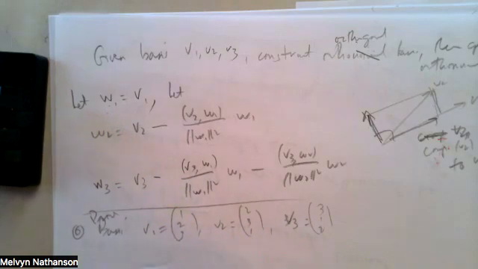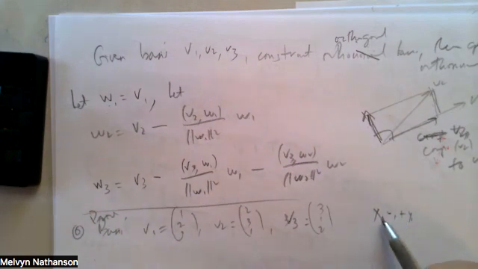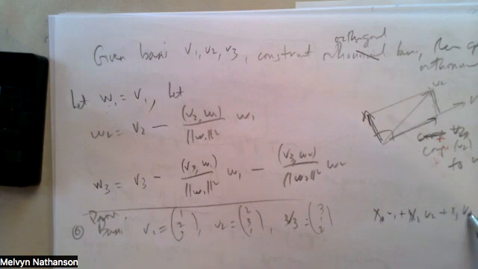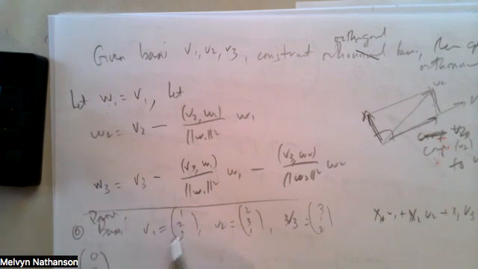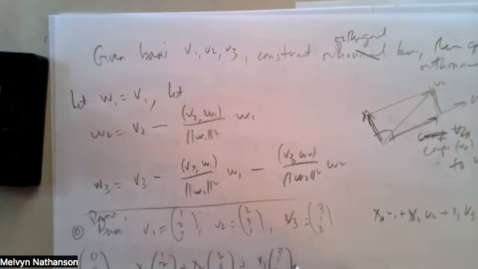We say, suppose x1 v1 plus x2 v2 plus x3 v3 equals 0. That's the same as saying that the 0 vector is x1 times the vector 1, 2, 3 plus x2 times the vector 2, 3, 1 plus x3 times the vector 3, 1, 2.